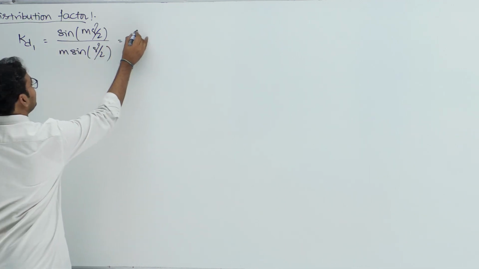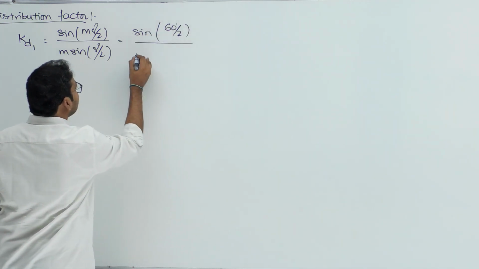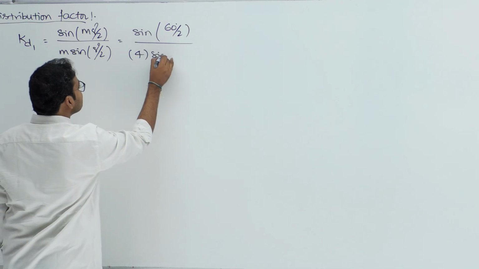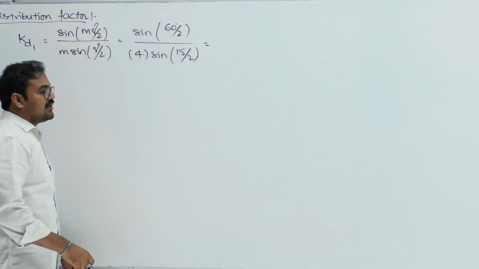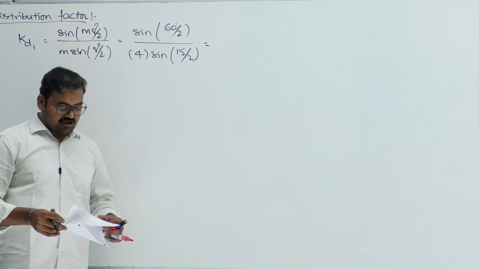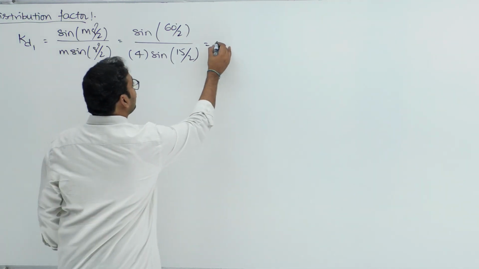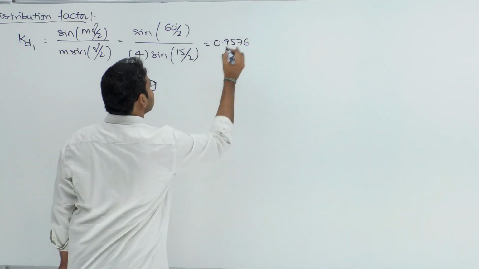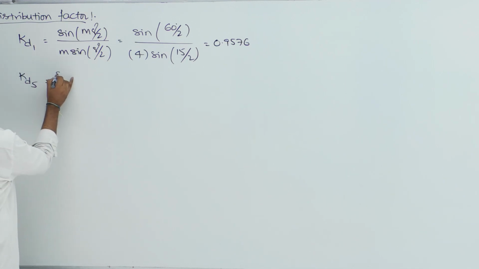Substitute the values. Sin m gamma 60 degrees by 2 divided by m value 4. We just calculated gamma, that is 15 degrees by 2. This will give you the distribution factor for the fundamental harmonic. Let me tell you the answer here. Yes, it will be 0.9576.